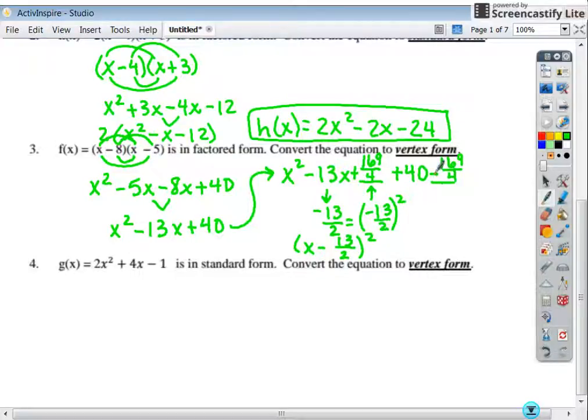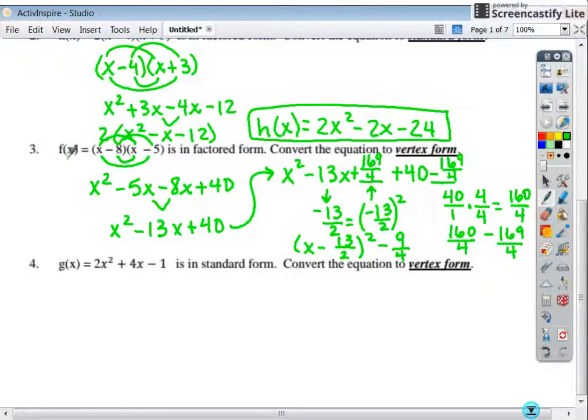And then over here, combining these numbers together, when you combine fractions, bottoms have to be the same. Right now, 40 is 40 over 1. So I'm going to multiply the top and bottom by 4 so that I can get the bottom to match the other fraction. So that gives me 160 over 4. So now I'm going to take this 160 over 4 minus 169 over 4 to get negative 9 over 4.